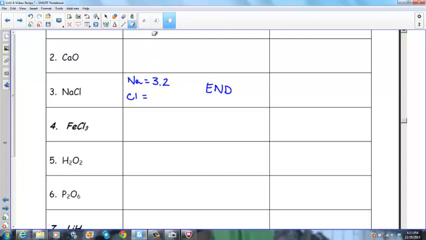Moving too fast here. Chlorine has an electronegativity value of 3.2 and sodium is 0.9. So therefore we subtract this and we get 2.3, which makes it ionic.